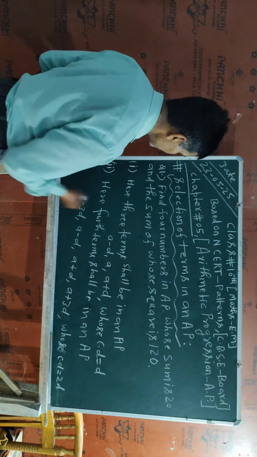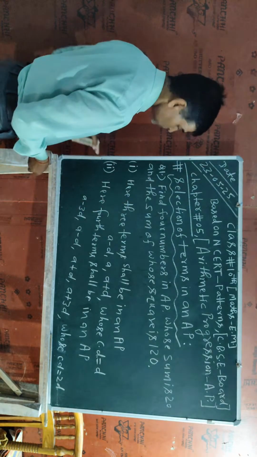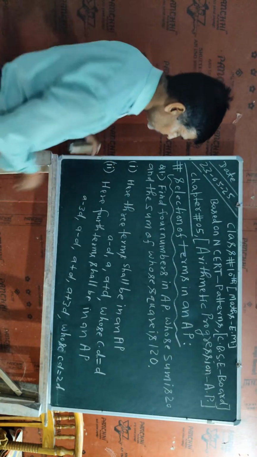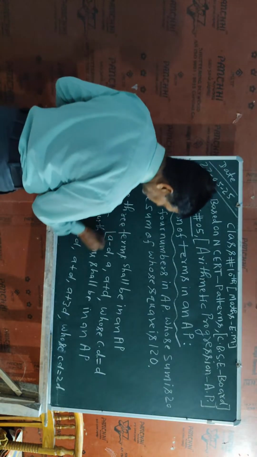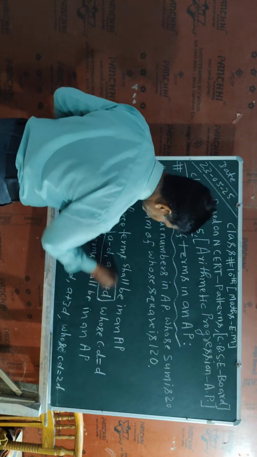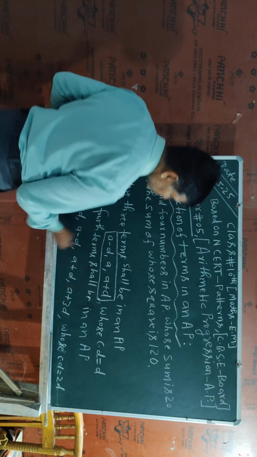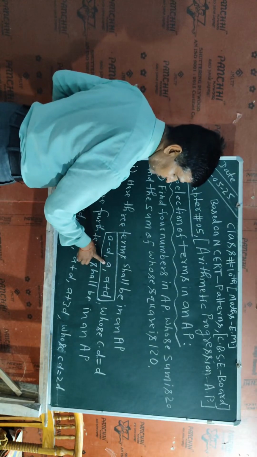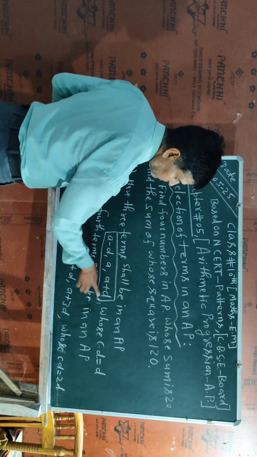Now the third point I am also going to explain. The student has to write these 2 points clearly. When we have to take 3 terms in AP, the first term will be a minus d, the second term will be a, and the third term will be a plus d.